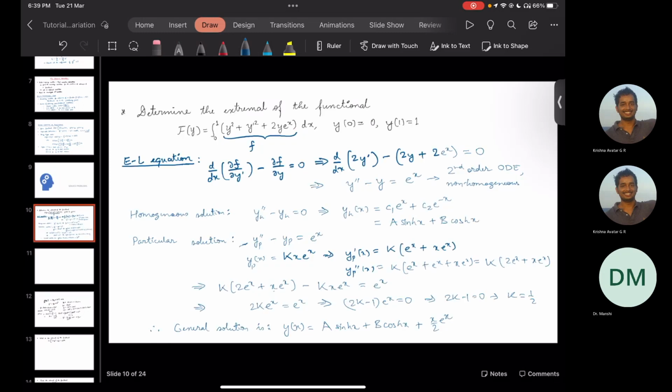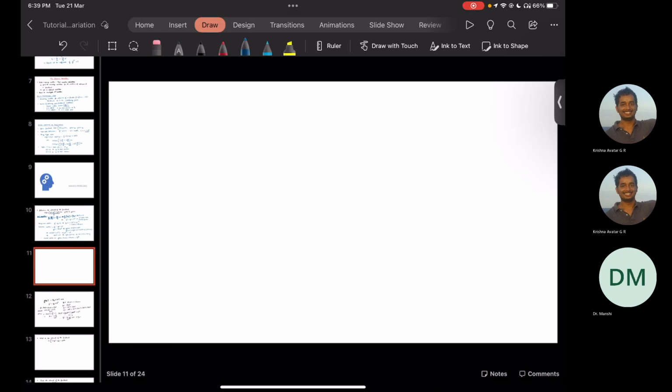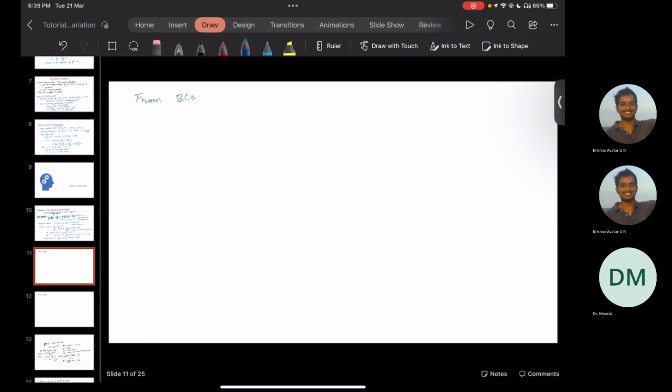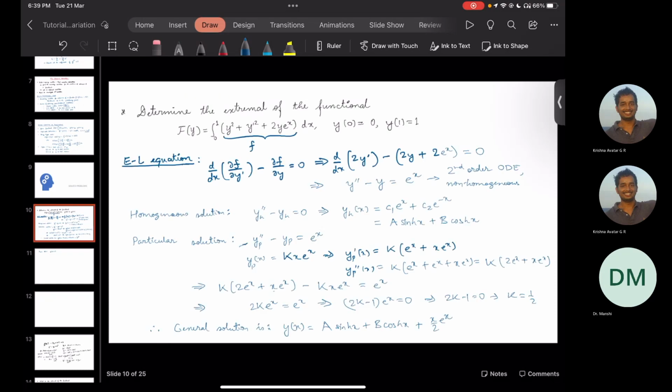Now let's use our boundary conditions to determine the value of constants a and b. From the boundary conditions, what we have is y of 0 is equal to 0, isn't it?